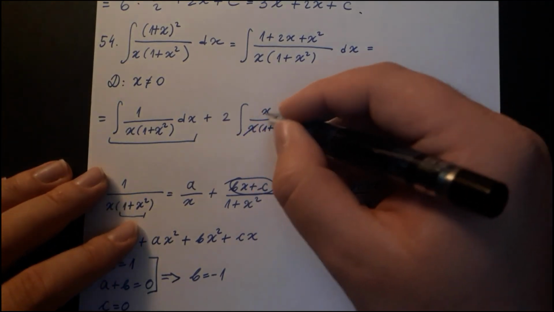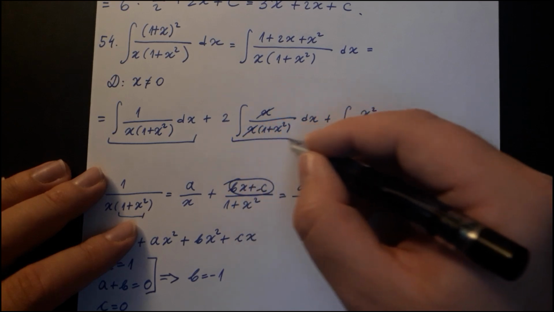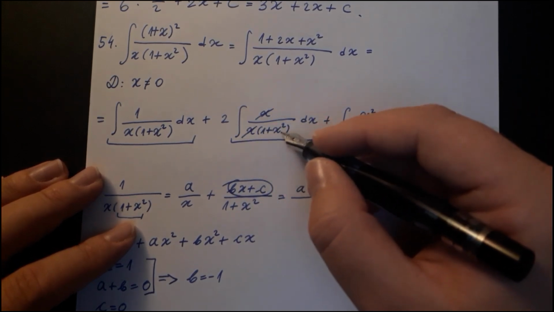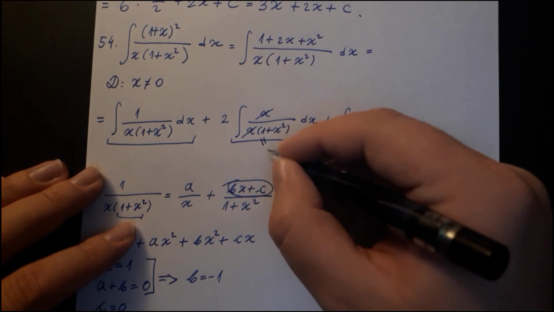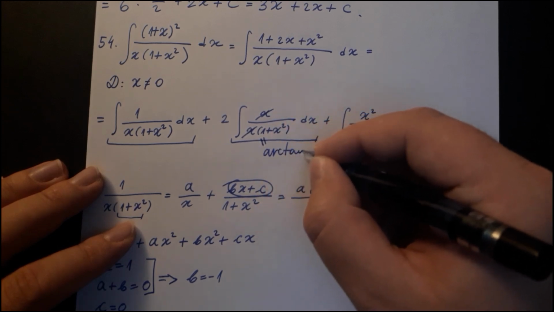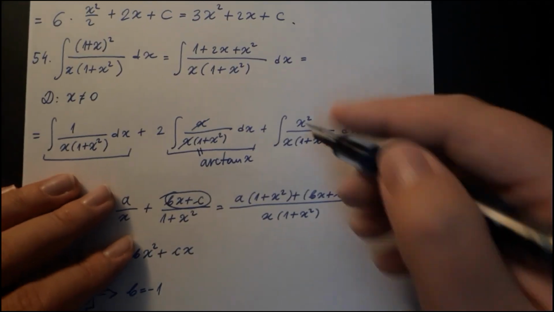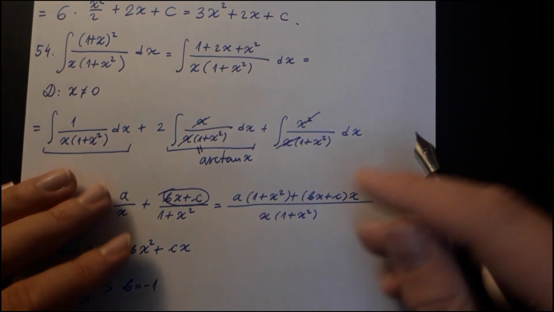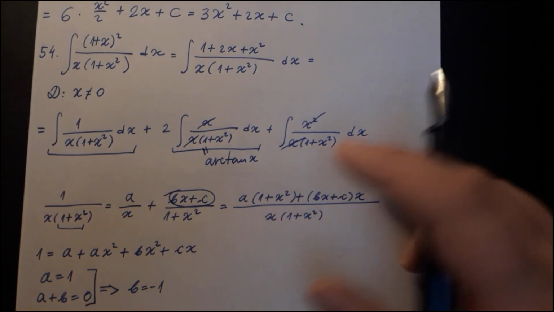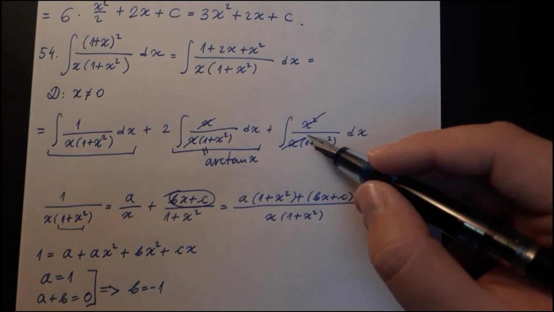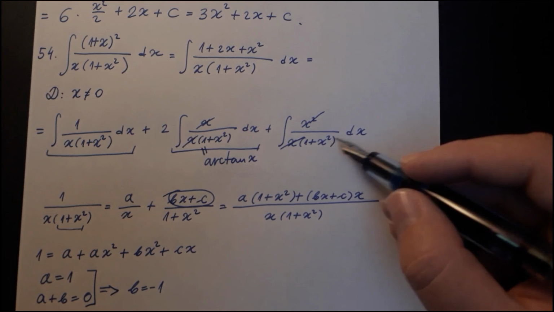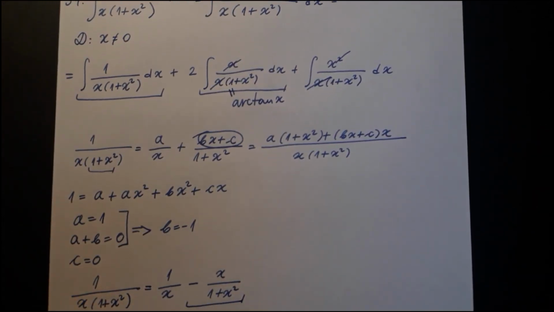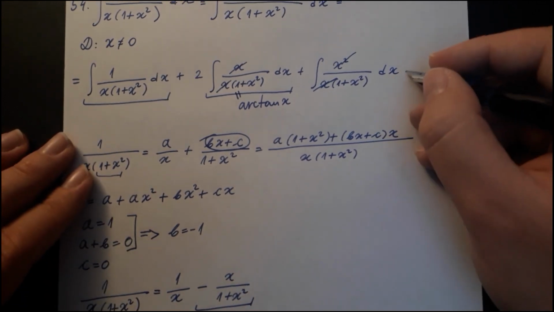When x and x cancel out in this integral, it just becomes an integral of dx divided by 1 plus x squared, and that is arctan of x. And when x and x cancel out in this integral, we are left with x divided by 1 plus x squared dx. That is the same integral which we have from this point right here.